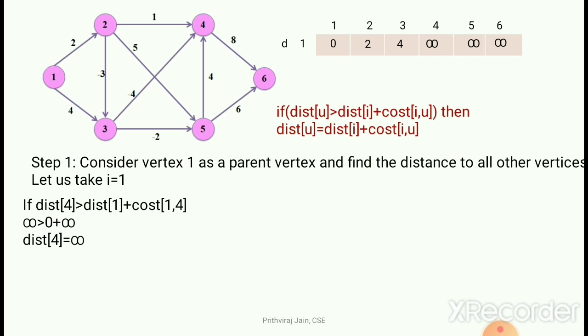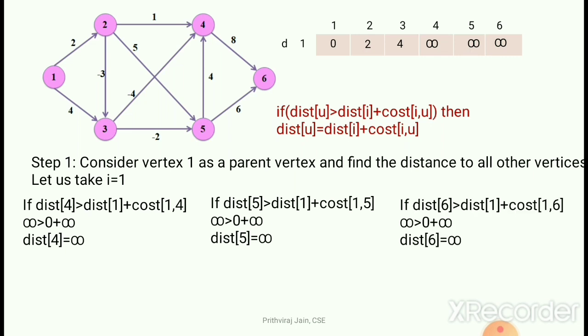So the condition, infinity greater than infinity, is false, and distance of 4 remains infinity. Similarly for distance of 5, from 1 to 5 we don't have a direct path, hence it remains infinity, and similarly for distance of 6, it remains infinity only.